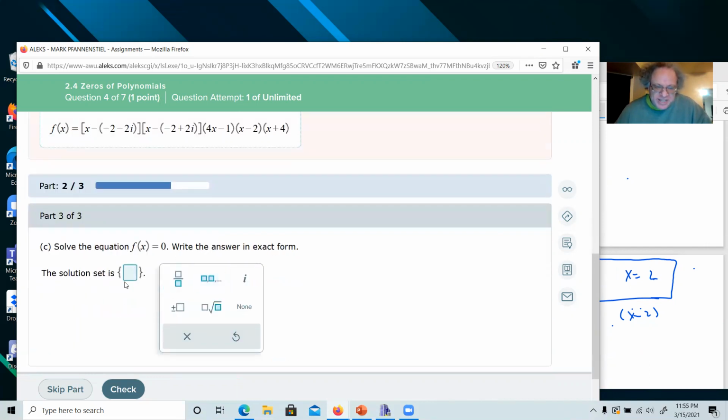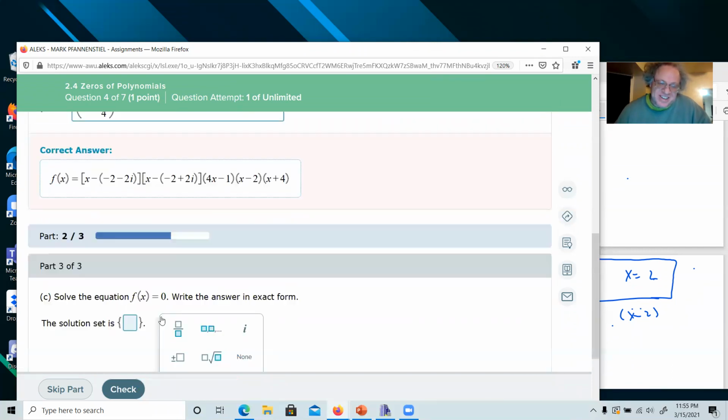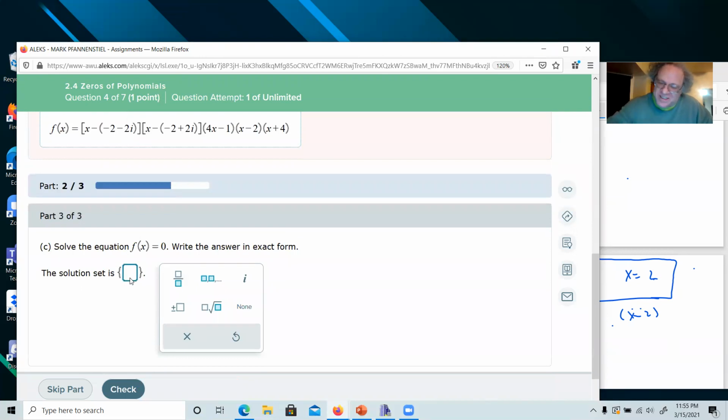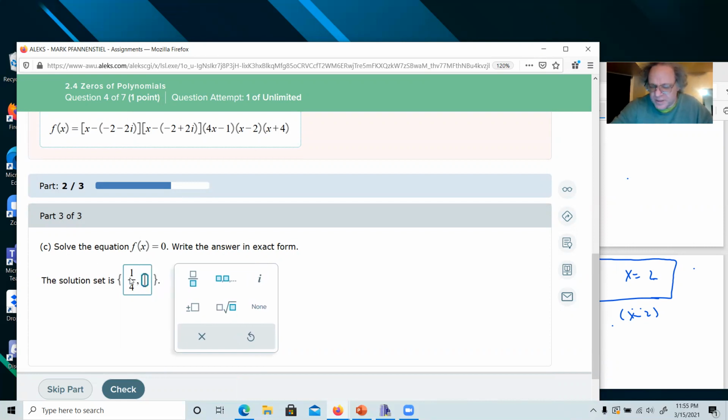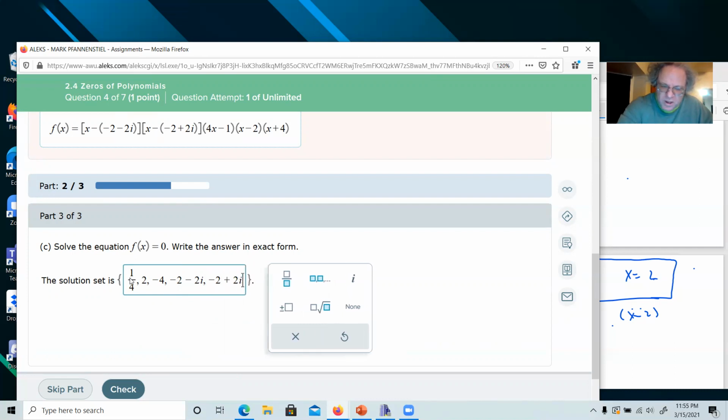Solve the equation, write the answer in exact form. We already did this. Okay, these are the zeros right here. Okay, we're done. So all it takes is to write them down correctly. Put the 4 there, then a comma. All right, then we have a 2. Then we have a -4. Then we have a -2 minus 2i, comma, -2 plus 2i.